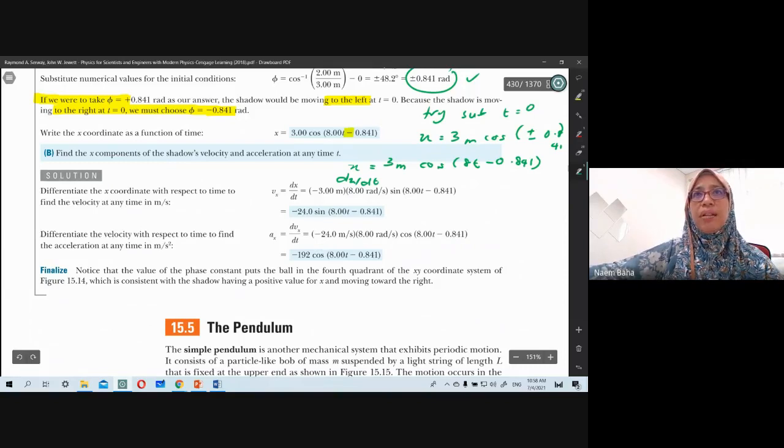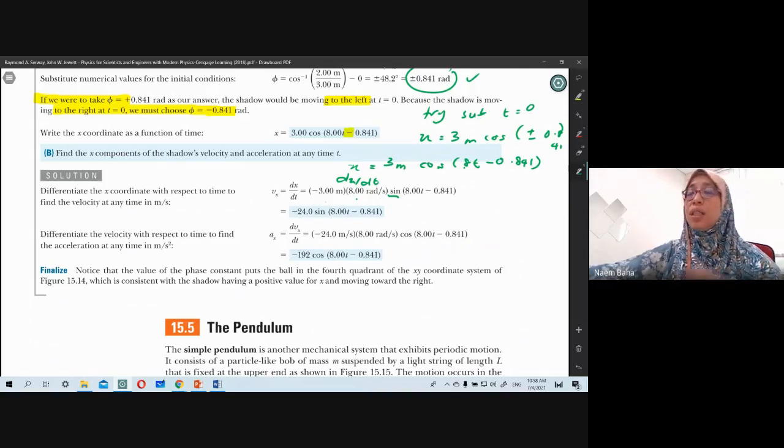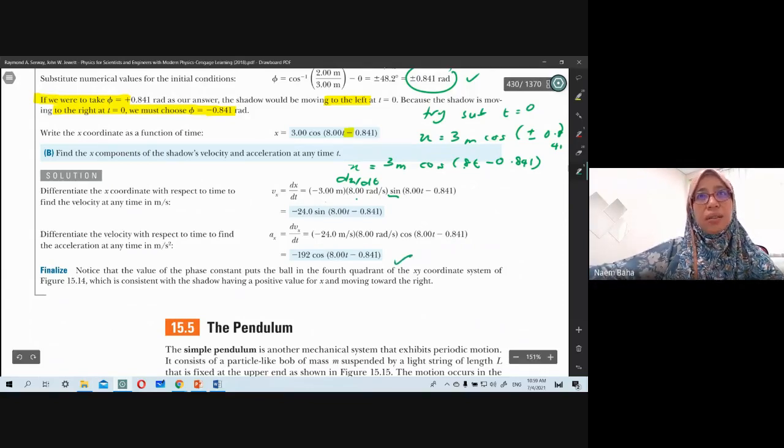Cos becomes sine, and 3 meter times 8, so negative 24. And remember, d cos over dt turns out to be sine with a negative sign. And it goes the same with a.